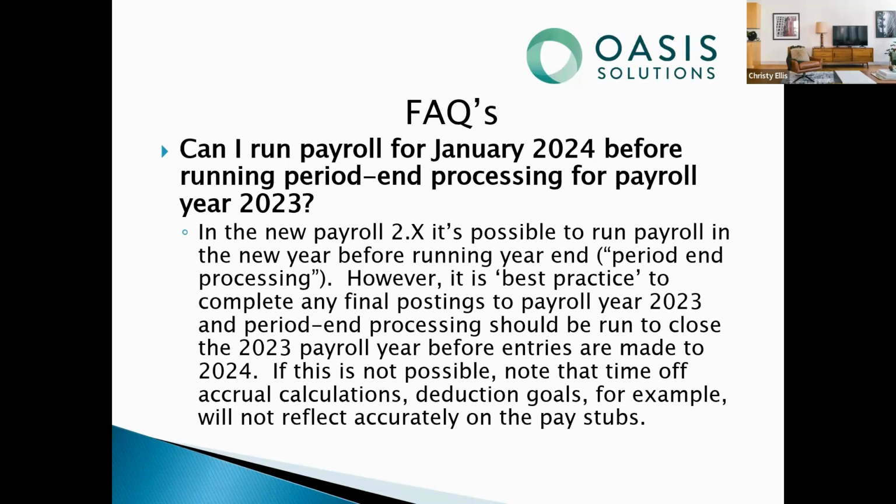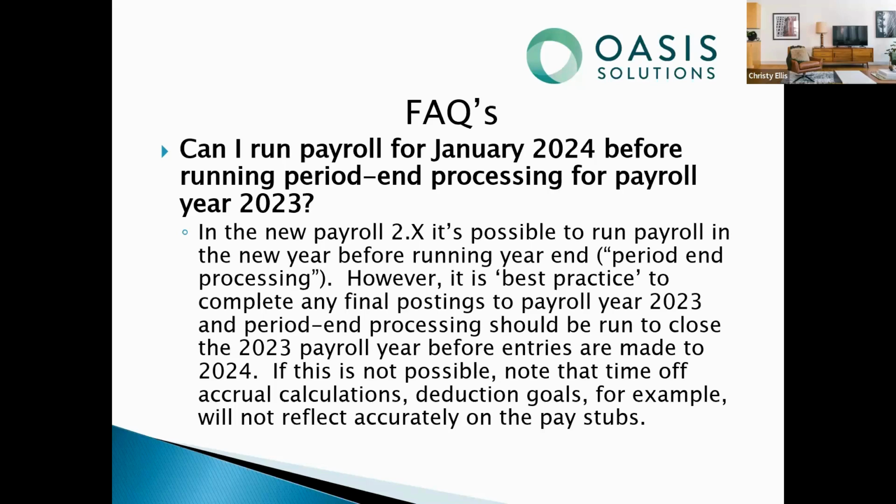Obviously, for weekly payrolls and with the holidays and all the complexities that go into reconciling, it's not possible to do that. So the answer is yes, it is possible to run payroll in the new year before running your period end processing for 2023. You do have to have role maintenance security to be able to do that, but it is possible.